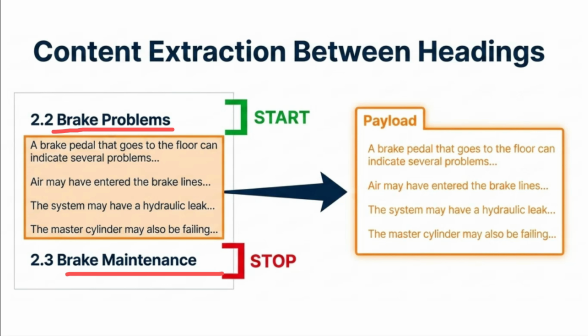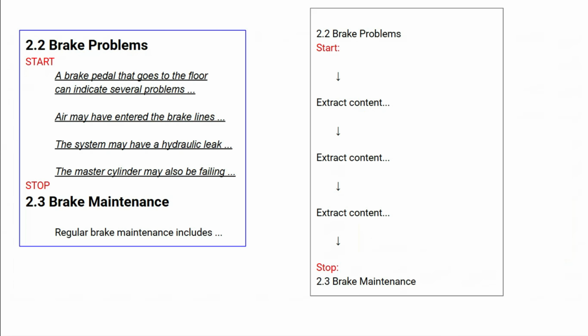Everything between those two headings belongs to our section. Now this is something that we are going to implement in this module. We will build the logic that essentially says, find this heading, then start collecting the content and continue until we find the next relevant heading.